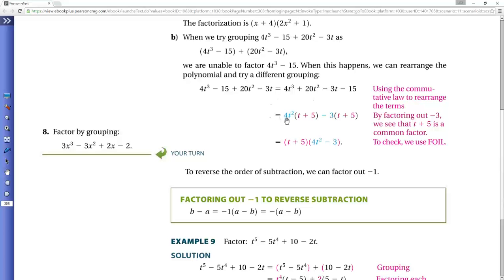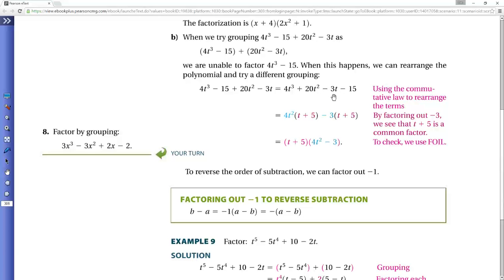And they go, well, 4t squared is a common factor here, and I get t plus 5. You'd look at this and you might say, well, 3 is a common factor, and I get plus 3 times negative t plus negative 5. They don't match. This is the part about negatives.